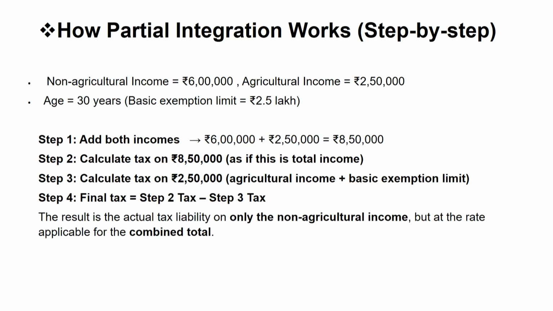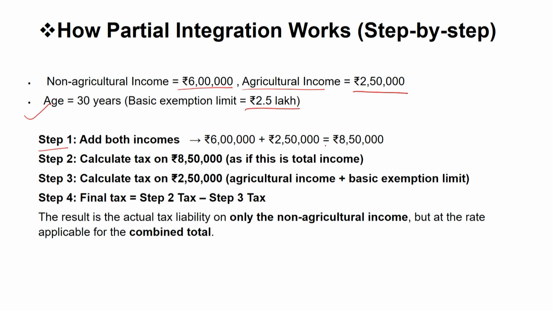So now let us understand step by step how this principle works. Suppose an assessee has 6 lakh rupees of income which is non-agricultural in nature, and 2,50,000 of income which is agricultural in nature, and he is of the age of 30, and the basic exemption limit that may be given to him is 2.5 lakh rupees. In such a case, for calculating the tax rate, we will take the following steps.